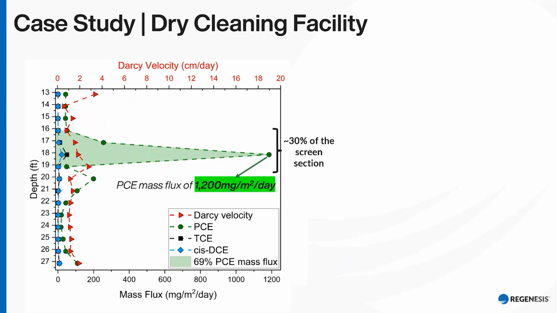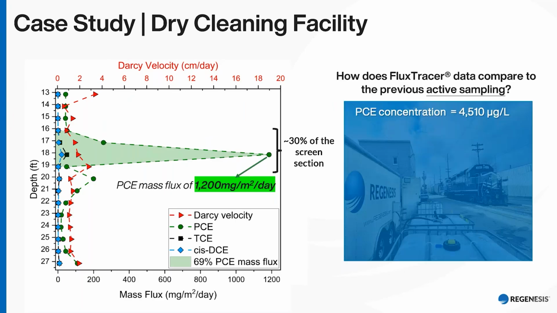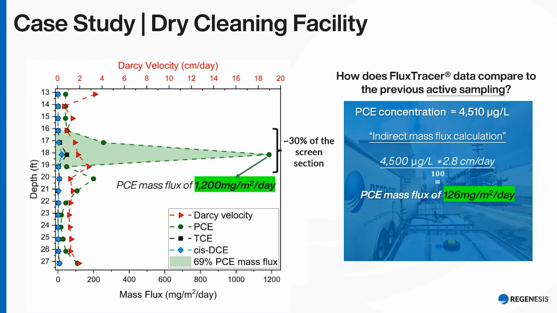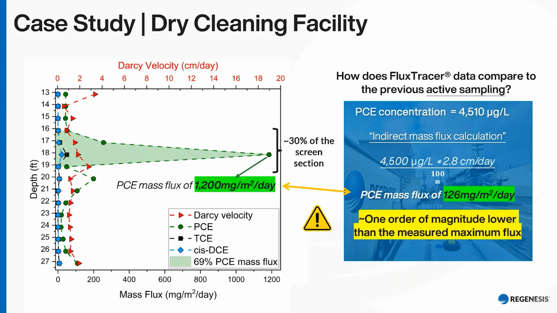Now we compare this with the active sampling estimated value. Coming back to the active sampling concentration of 4,500 with a Darcy of 2.8, we obtained a calculated estimate of 126, which is about an order of magnitude different from the value that we obtained with our flux meters.